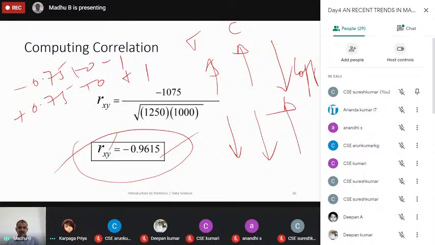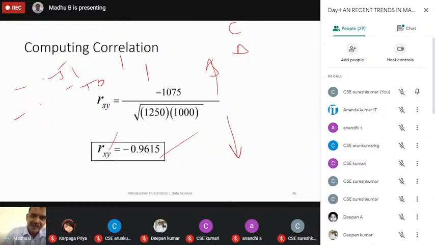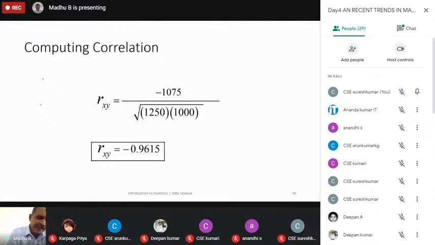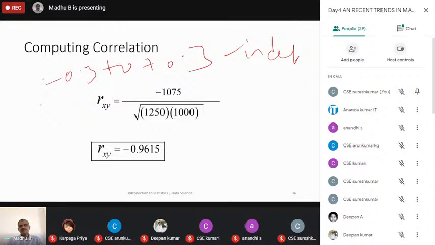But the golden rule that you need to understand is, if the value is between minus 0.25 to plus 0.25 or minus 0.3 to plus 0.3, we'll call them independent. That means when the temperature is increasing or decreasing, there is no relationship between coffee or cool drink with respect to temperature. They are highly independent.